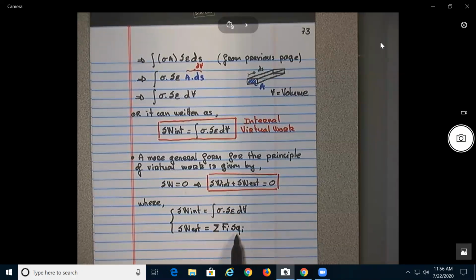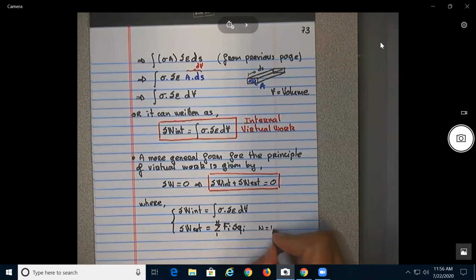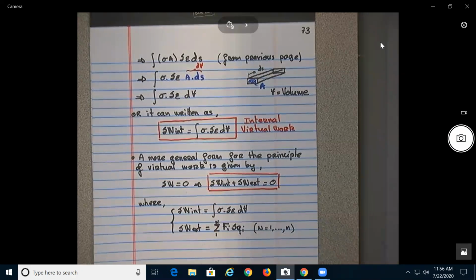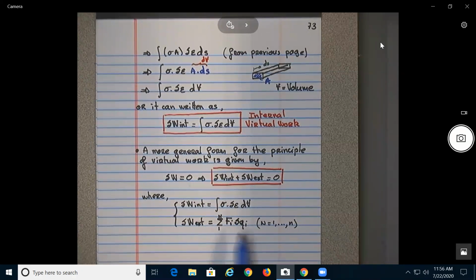So it's force times deformation, where n would be the number of forces. Okay, so I give you the general notation now, and the S sub i will be the external forces.